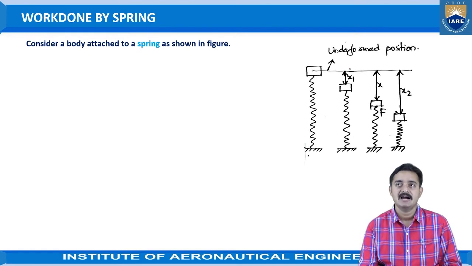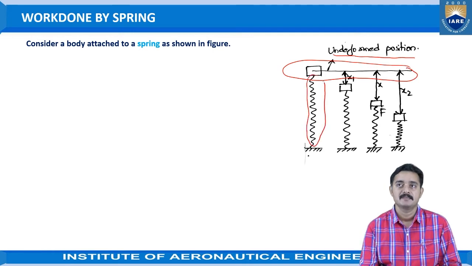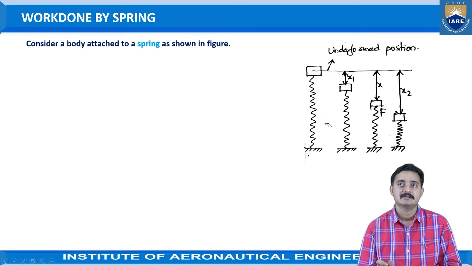This is the undeformed position of the spring here as you are seeing. So this is the spring which is fixed onto a certain support, and an object is attached to this spring.